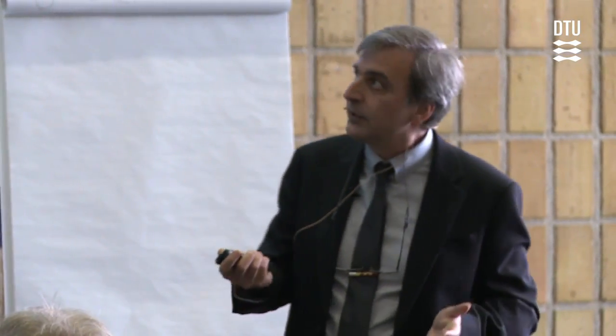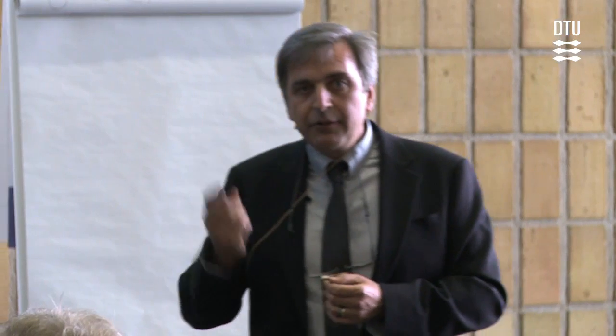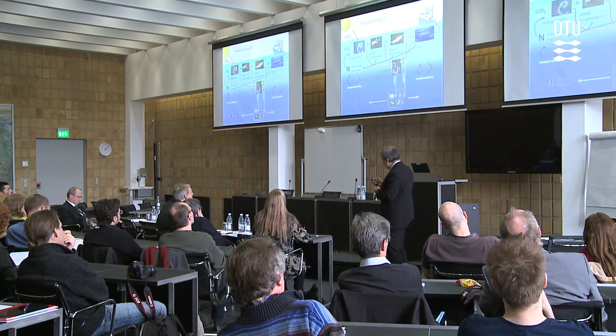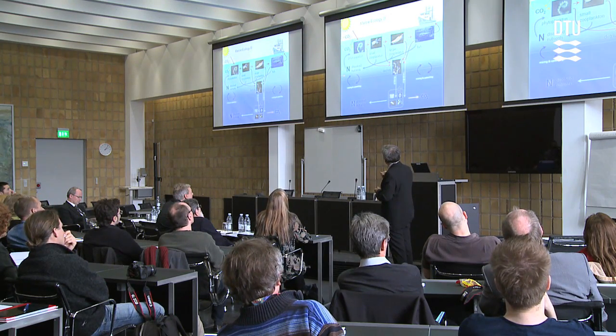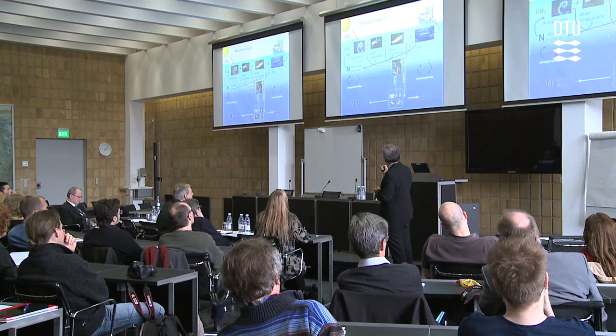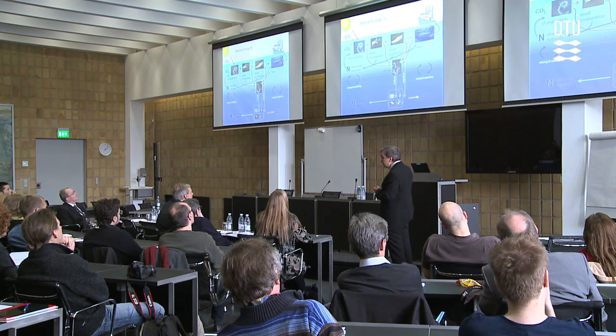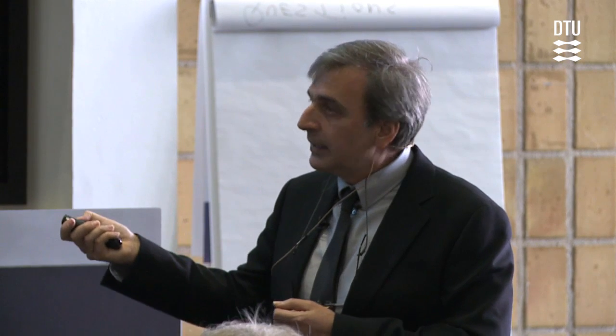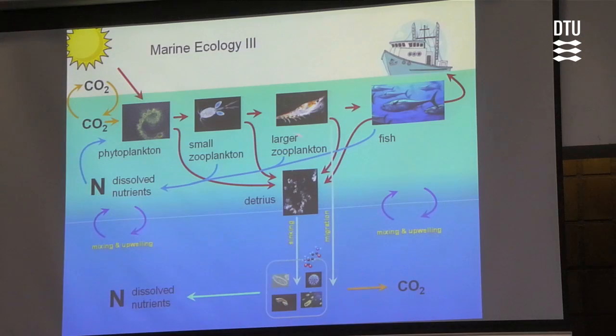So this is the microbial loop, just adding one layer of extra complexity to the entire marine ecosystem. And this is another important aspect of the process: as it goes from phytoplankton through zooplankton and towards fish, a certain amount of detrital material sinks into the deep ocean, where it's remineralized by bacteria and nutrients are dissolved.